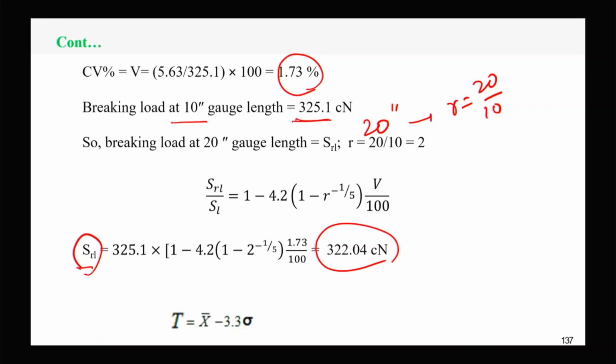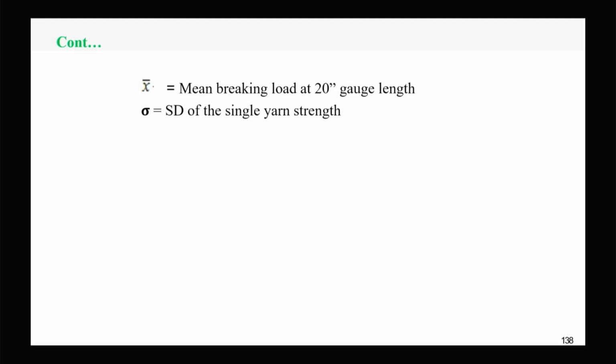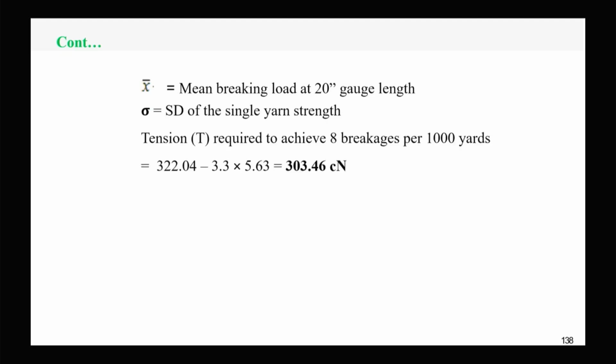So using this relationship, to use the K value as 3.3, the tension required to achieve 8 breaks per 1000 yard becomes 303.46, because when you use 3.3 and we use say 20-inch as a gauge length, automatically the breakage rate will achieve 8 breaks per 1000 yard.